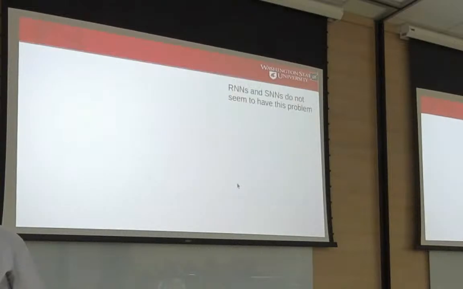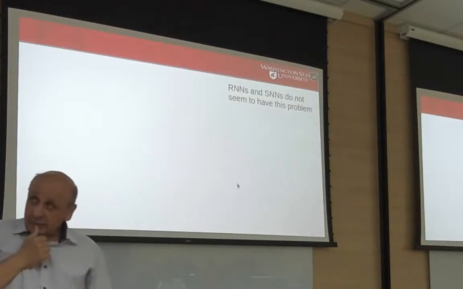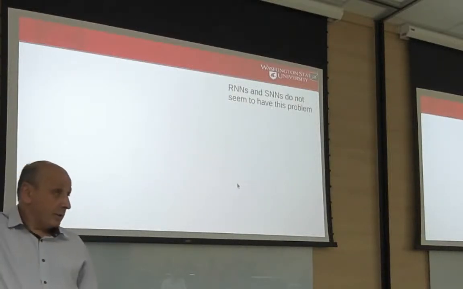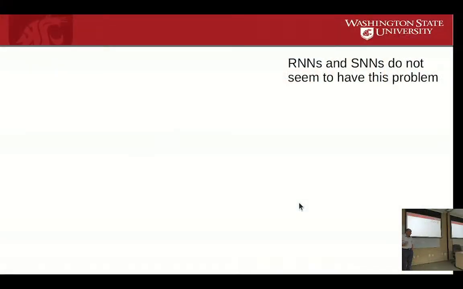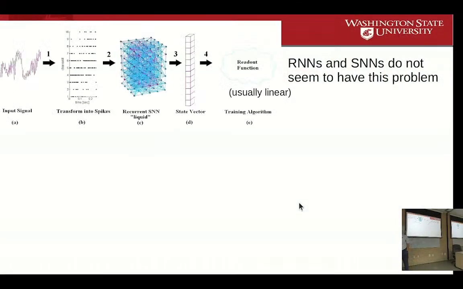To continue, on the other hand, recurrent neural networks, and as part of them, spiking neural networks, don't seem to have that problem. So that's, again, from about the same time, early 90s, the computational paradigm of reservoir computing came out with statements that you have a recurrent neural network, with very mild constraints on it, so that it does something interesting.